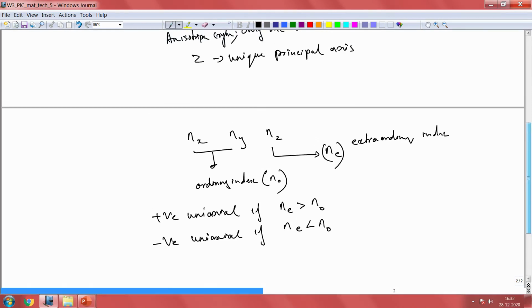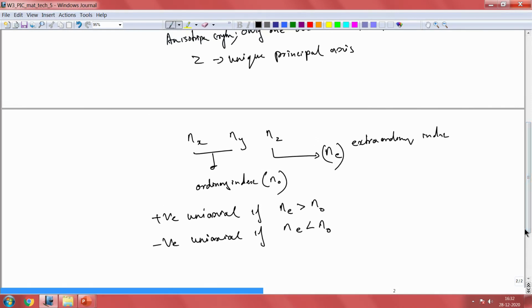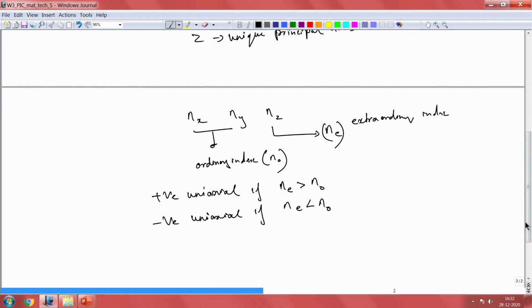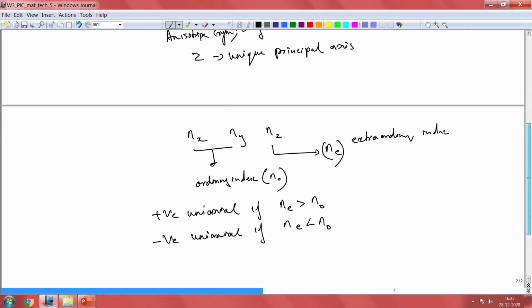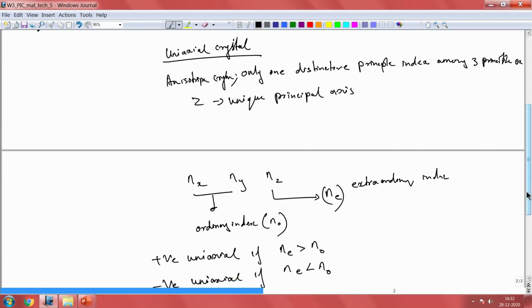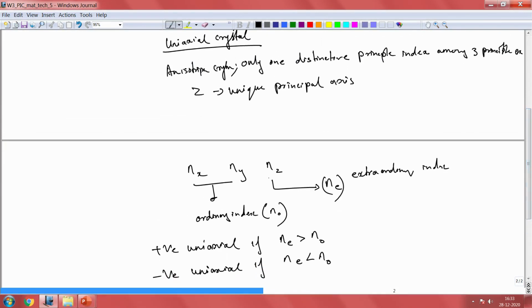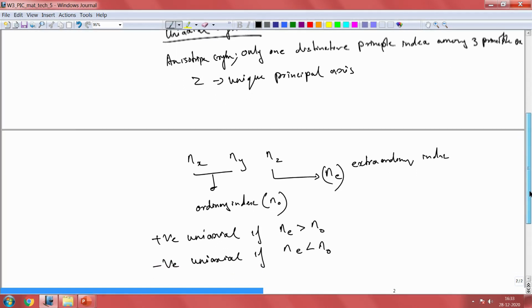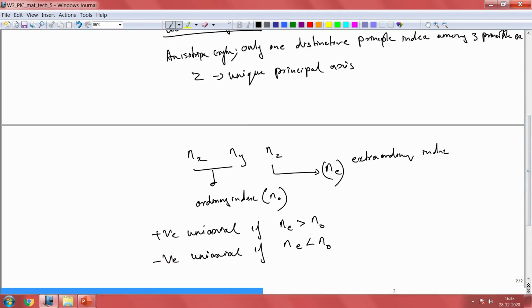So, based on the refractive index along the principal axis, that is Nz, you can define whether it is positive uniaxial or negative uniaxial. Here you have to go back and look at the definition. There is only one distinct principal index, only one that is different from the other, because Nx and Ny are equal in this case, and only Nz is different.